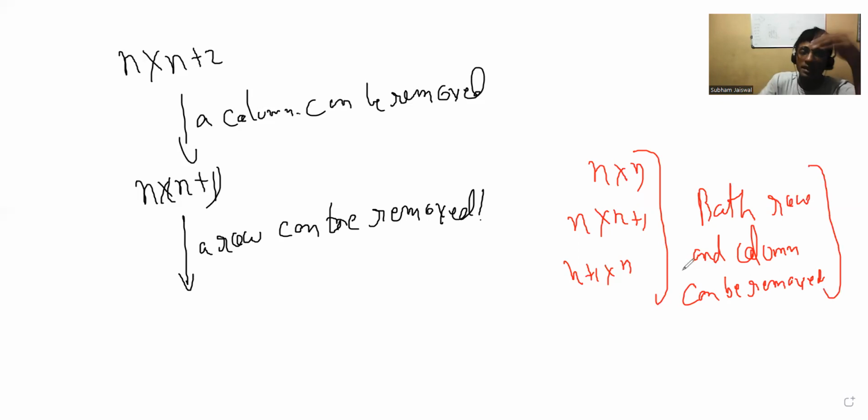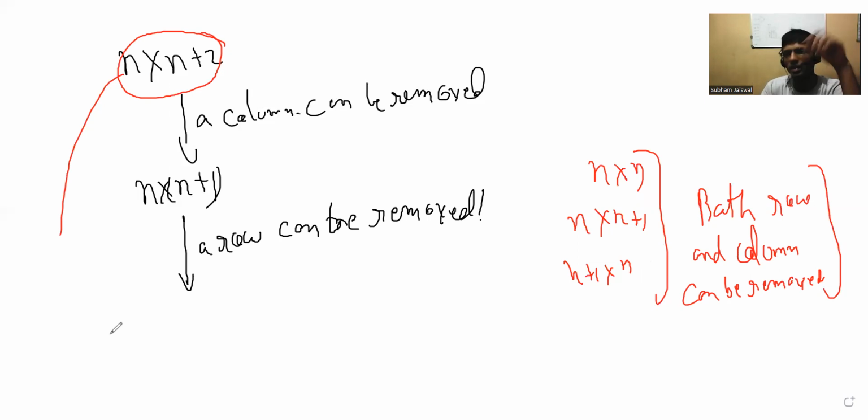In other cases, it is not possible. For n cross n plus 2, it is not possible. We have already created an example, but you can take a 2 by 4 matrix and show that it is not possible.